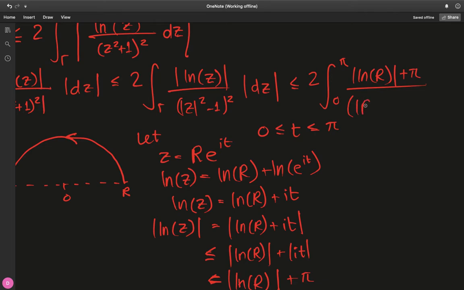So mod of r times e to the it, the whole thing squared, minus 1, the whole thing squared.